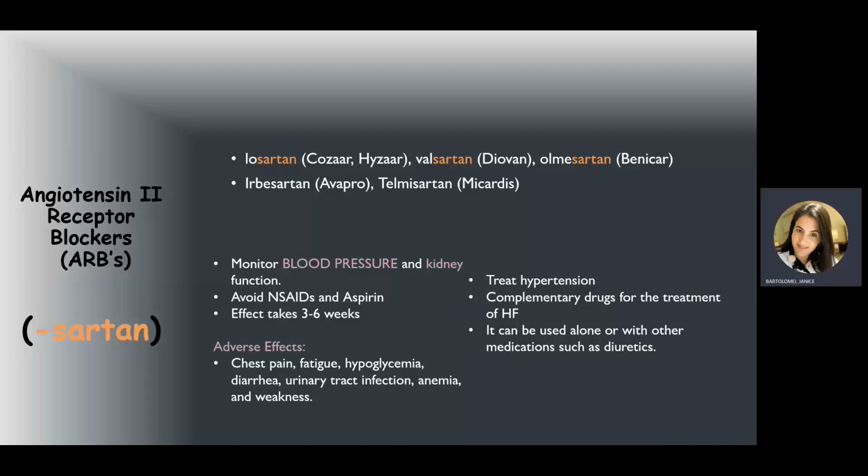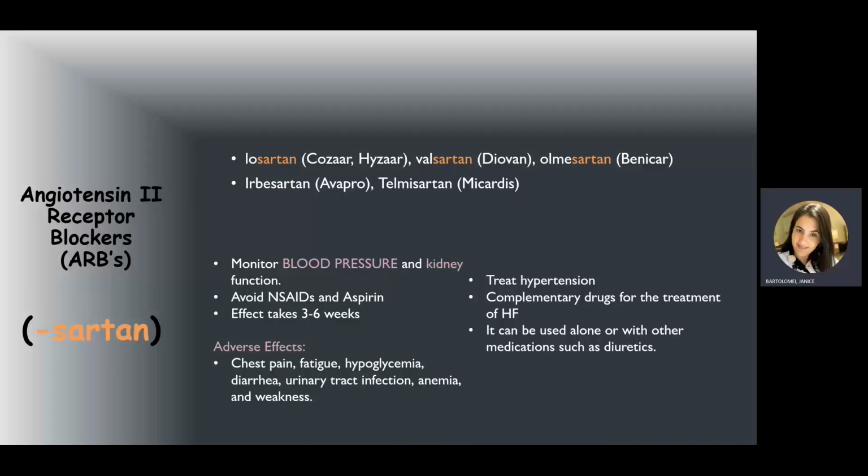They don't have that hacking cough that makes ACE inhibitors commonly, like a lot of patients stop the therapy because of the hacking cough. So patients are non-compliant because of it. So these have less of those annoying adverse effects.